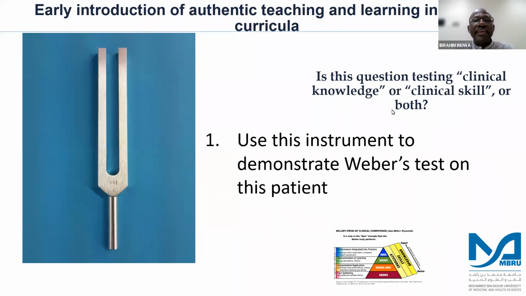Now, there is no way a candidate or a learner during basic science years will be able to perform in this item without having a patient, without talking to the patient, without having to do something.